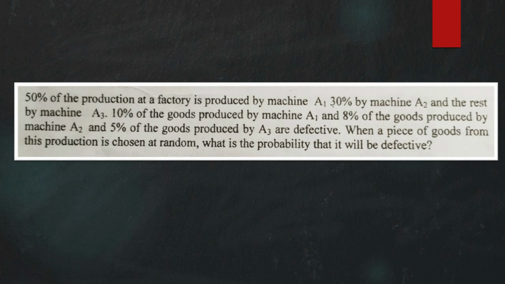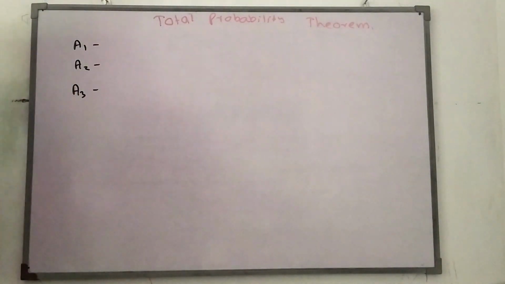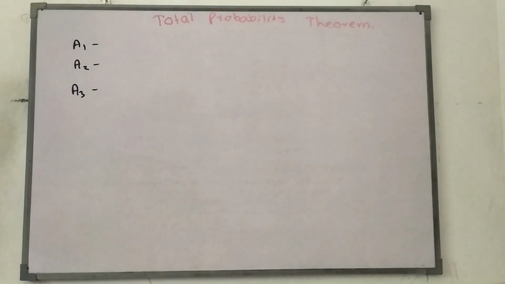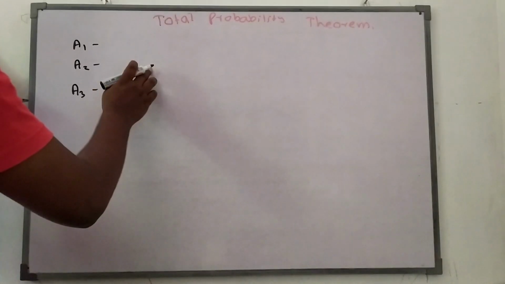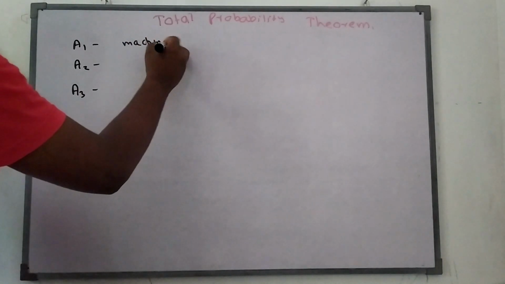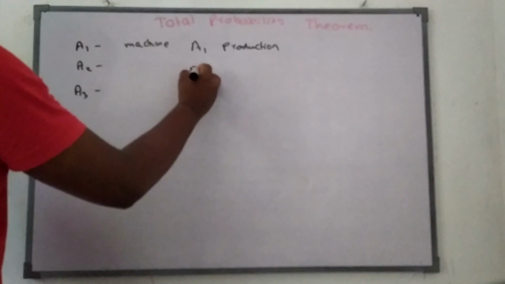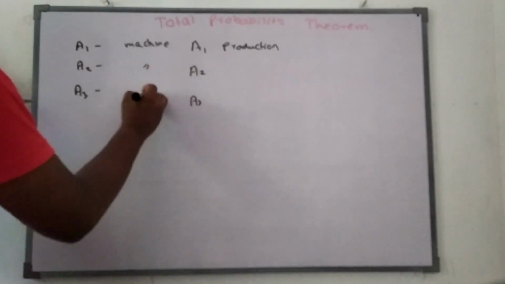So first of all, I am going to define my variables. A1 means machine A1 production, A2 production, A3 production.